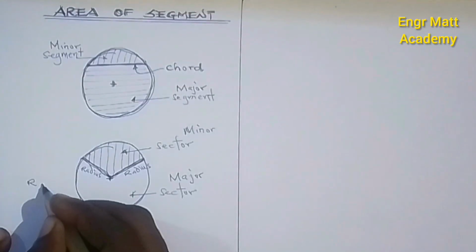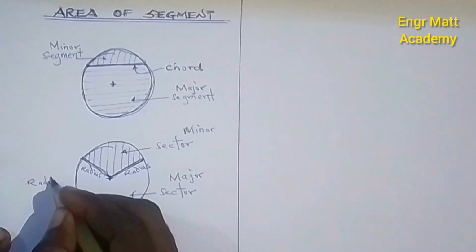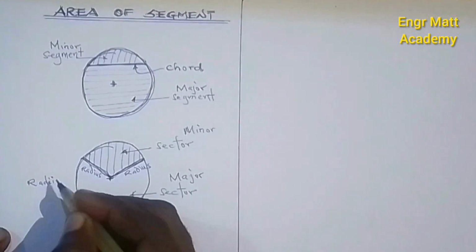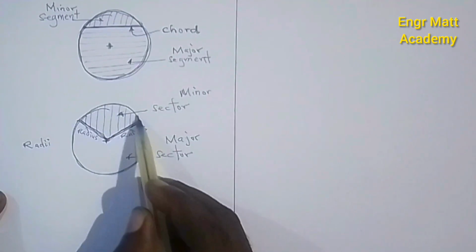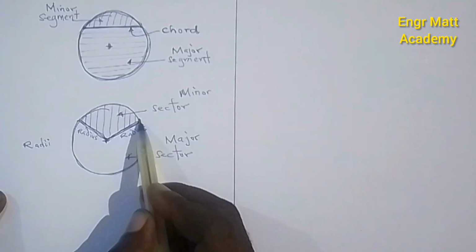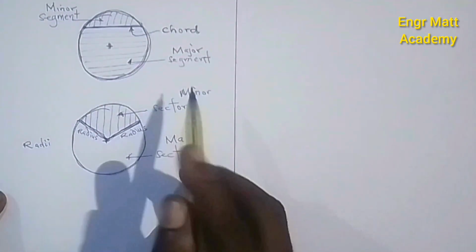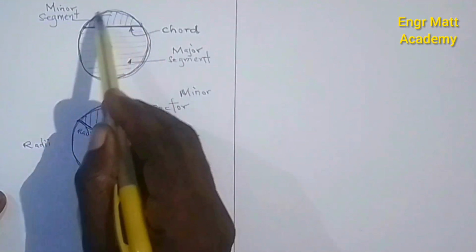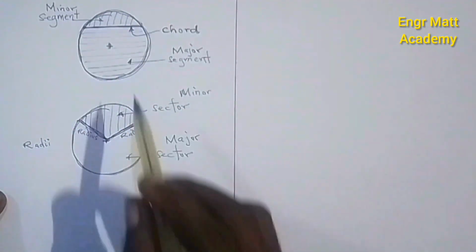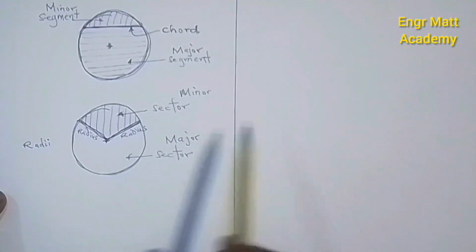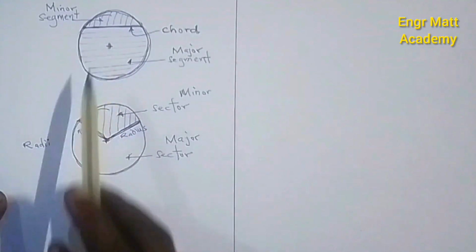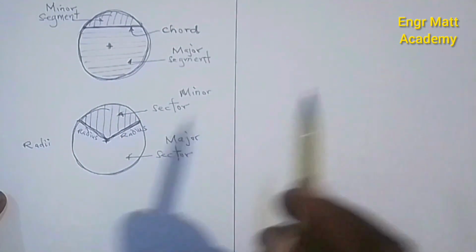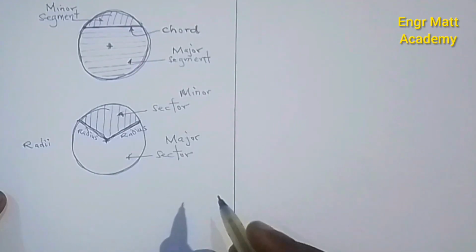When there is more than one radius, we say radii. A sector has two radii and one curved side, while a segment has just a chord and a curved part. Now that you know the difference between a segment and a sector, let's look at this other circle.